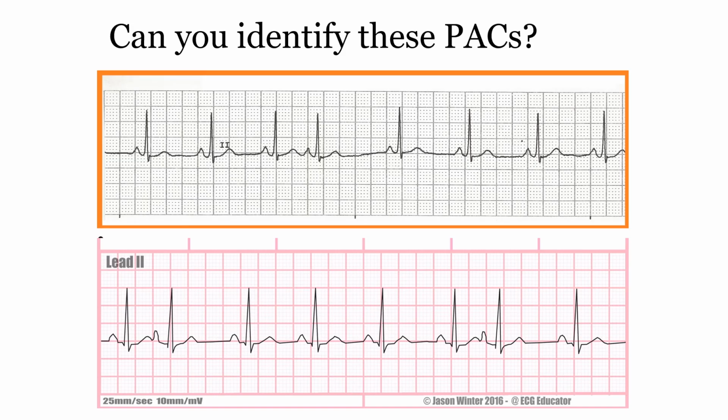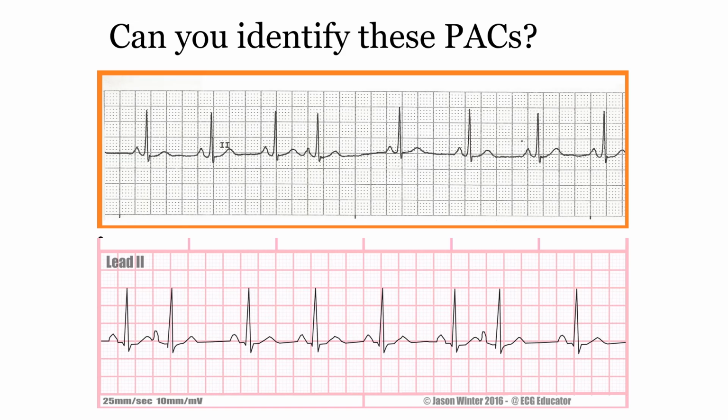So if we look at the top strip in the first 2 complexes, we can analyze that complex. We can say, among these, is the rate regular or irregular?